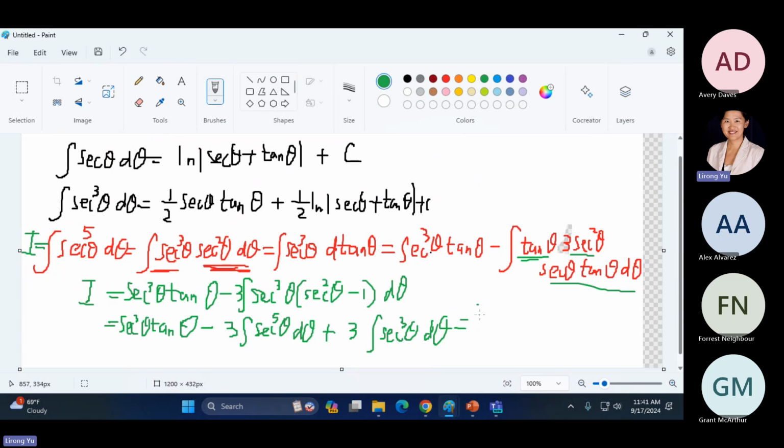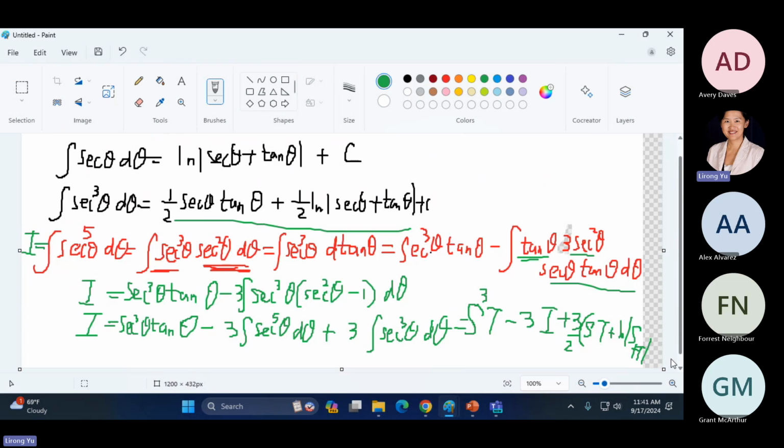So this is equal to, let me try to make it short, secant cube times tangent, minus 3i, secant fifth power, 3i, and then plus 3 times this one, which is 3 times, you bring the 1/2 to the outside, so you have secant times tangent plus logarithm of secant plus tangent.